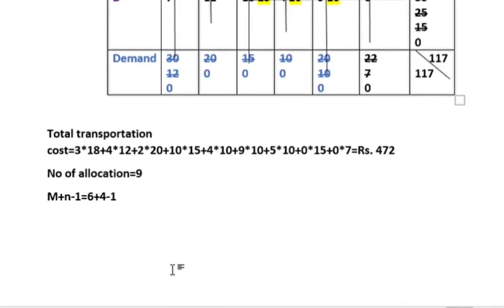So I have written 6 plus 4 minus 1, which is equal to 9. So here the number of allocations equals m plus n minus 1. So this problem is non-degenerate.